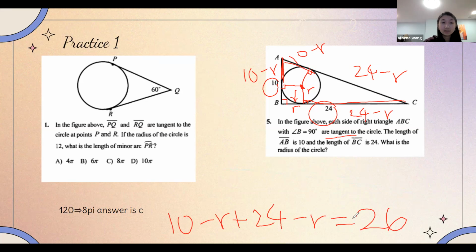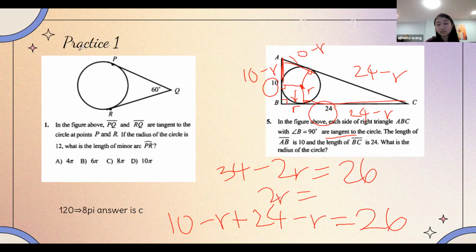So that means that 34 minus 2r is equal to 26. I'll get 2r is equal to 8, so r equals 4.